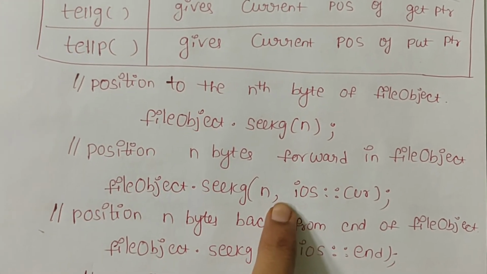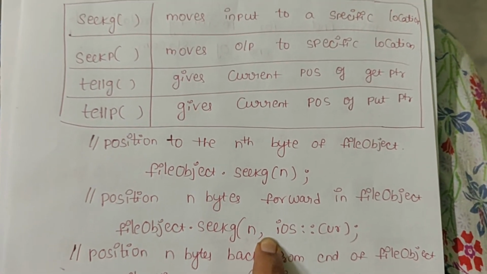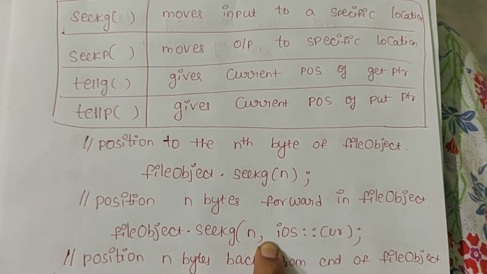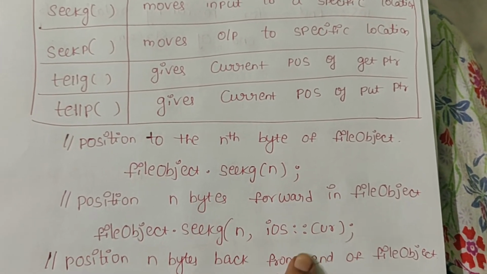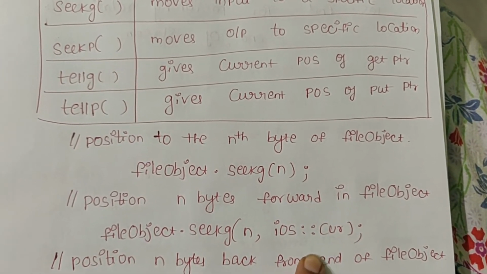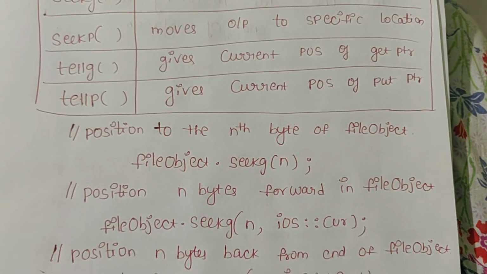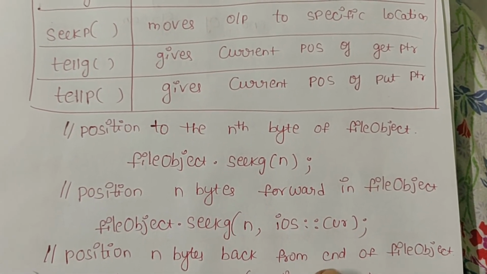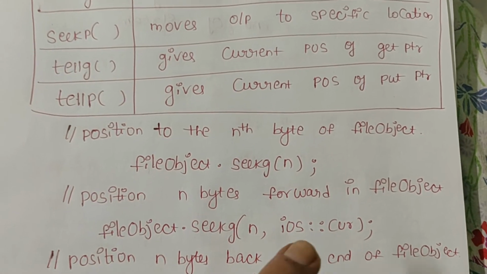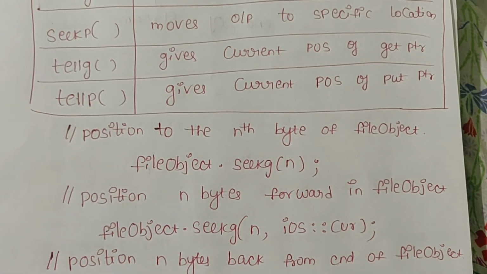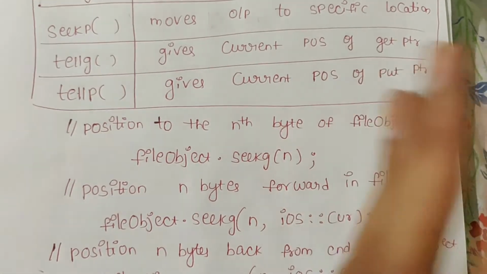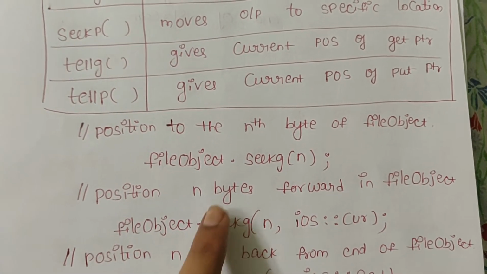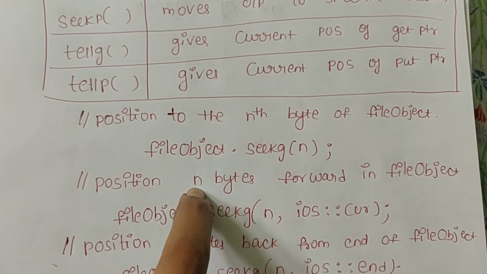So seekg moves the input to a specific location, in such a way that it moves n bytes forward in the file object, from the current position. For example, if I am in the first position, from here it will move forward this many n bytes.